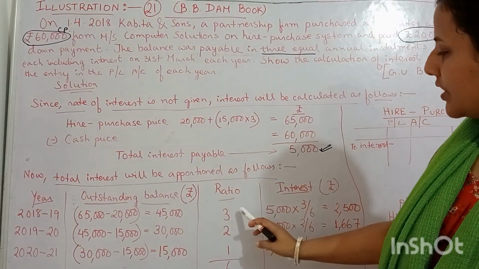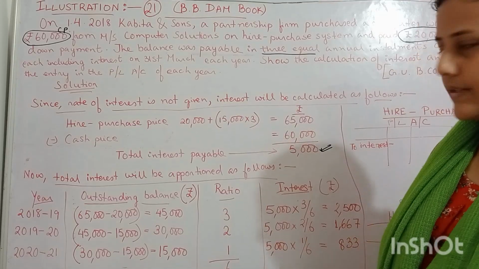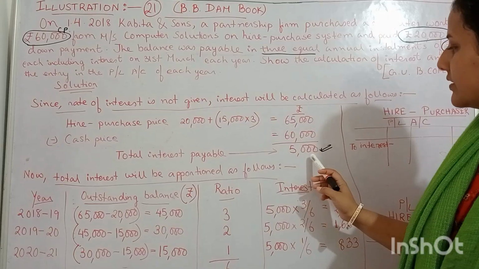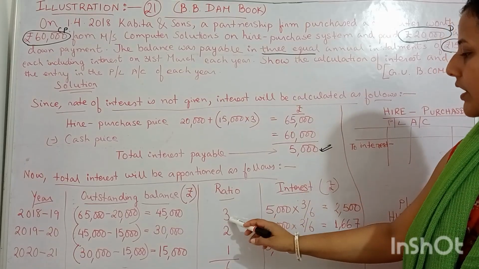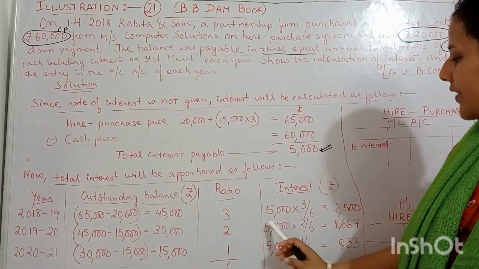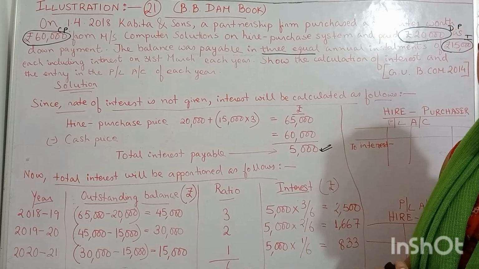You take out the total of the ratios, it is 6. Now from this 5,000, you have 5,000 into 3 by 6, 5,000 into 2 by 6 and 5,000 into 1 by 6.